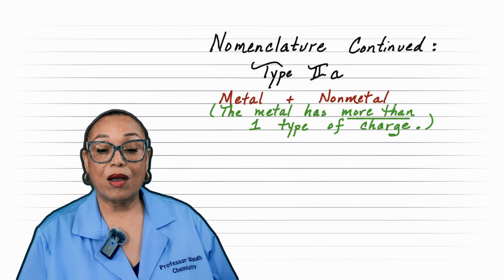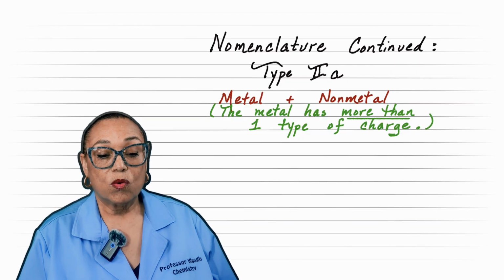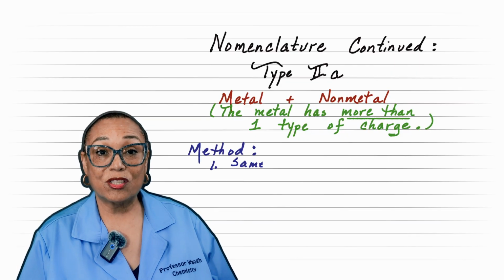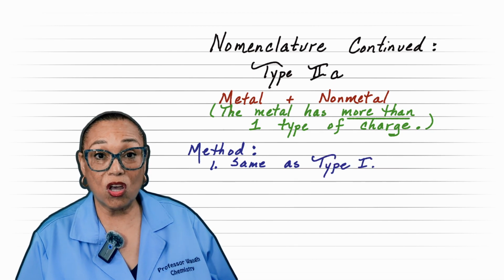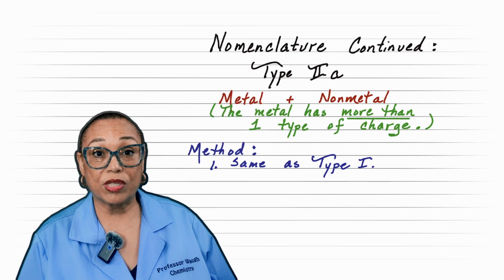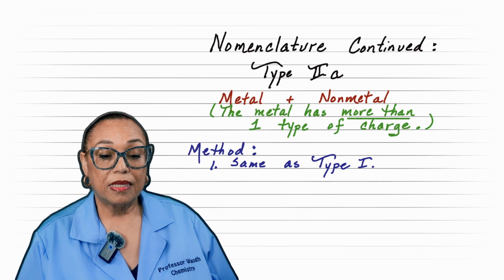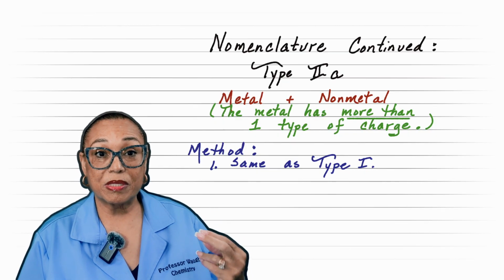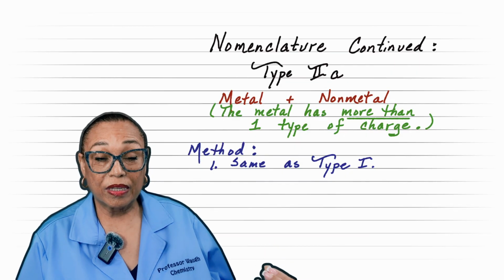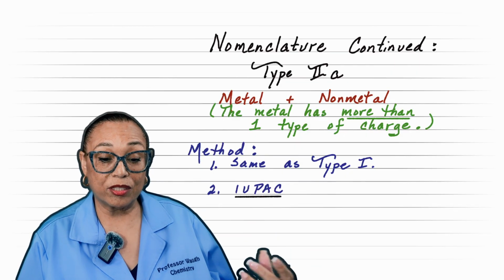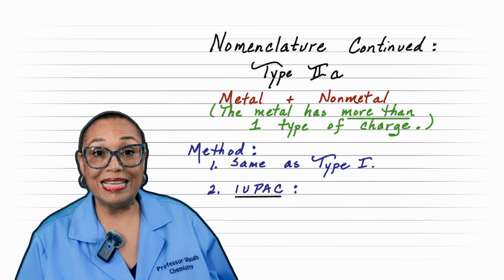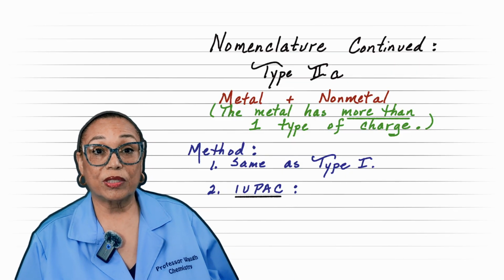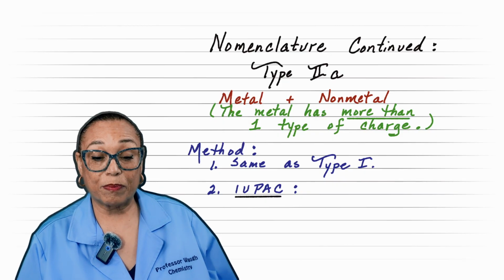All right, now how do we do this? We will do the same thing I taught you in Type I. I know the video was a little long, but you need to go look at it so you can study it. All right, now there are 2 naming systems that we've discussed before. We have IUPAC, the International Union of Pure and Applied Chemistry, and this is an easy way to do nomenclature for Type II.